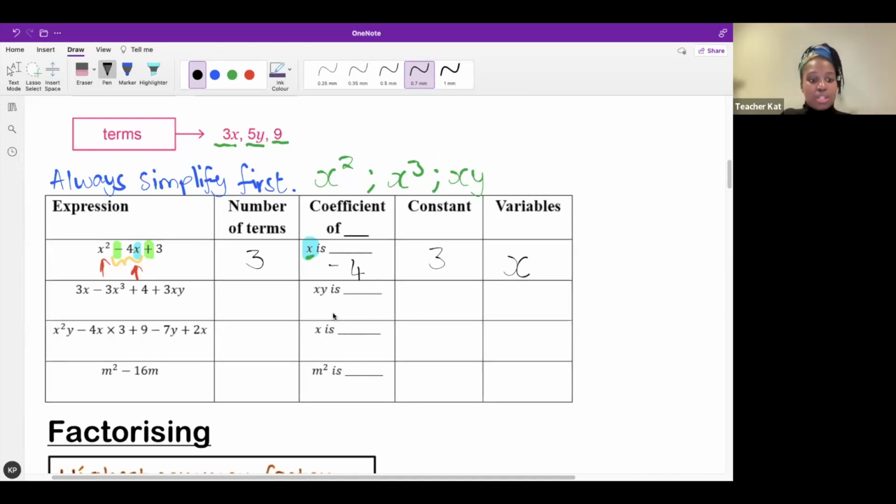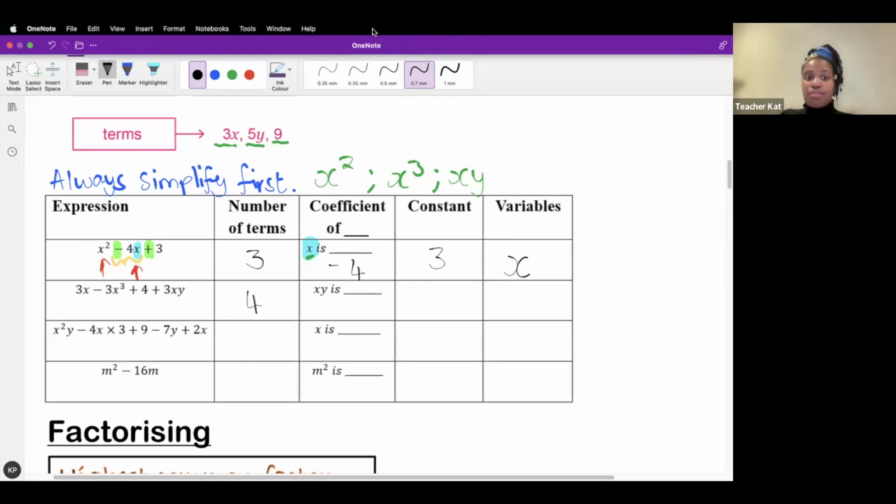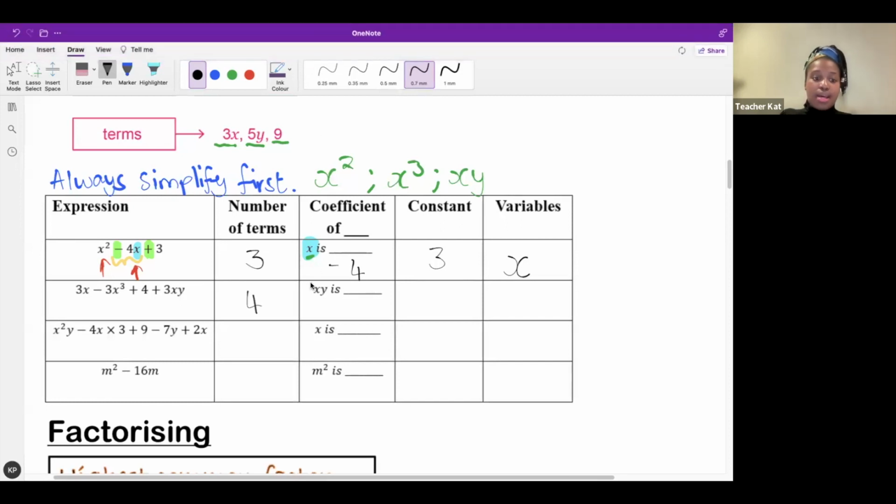How many terms do we see for the second one? Nice, we see 4 terms. Great. My coefficient of xy, see, I'm very specific. Coefficient of xy is nice. It is a positive 3. What is my constant in this case?